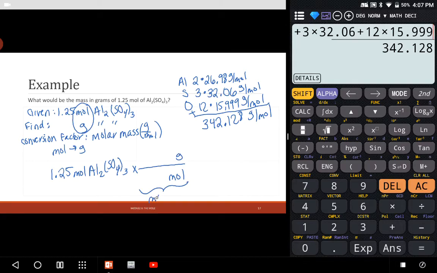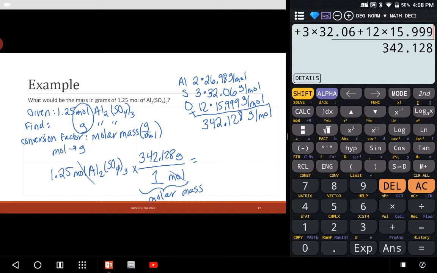And so this is my molar mass. 342 is attached to the g. And I need my value to stay 342.128. And so that's per 1 mole.